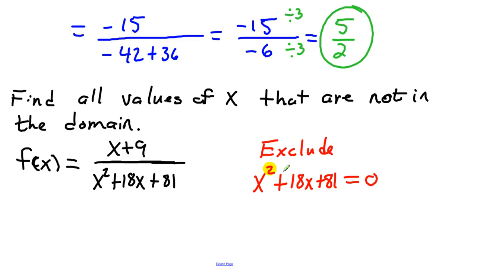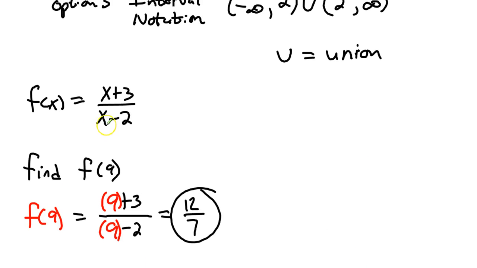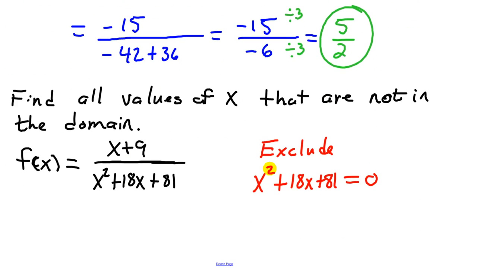Whatever power of x you start with, if your highest power is x squared, you need two answers. When we did the other one up here a minute ago, we started off with x minus 2, that's x to the first power. We had one answer. So in this case, if we start with x squared, now you're looking for two answers.